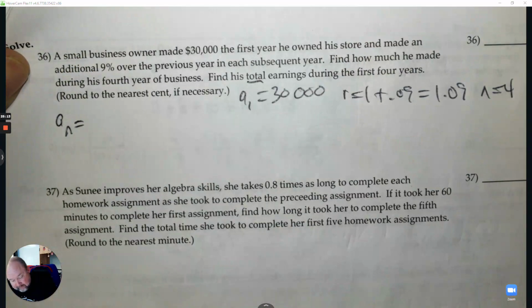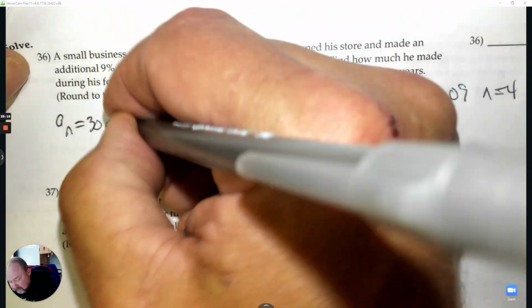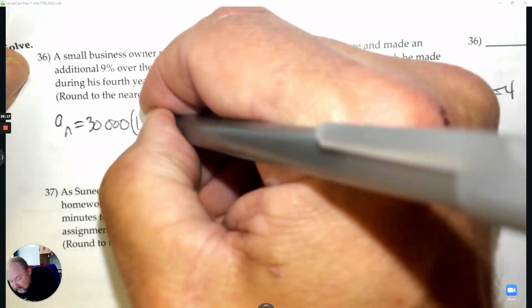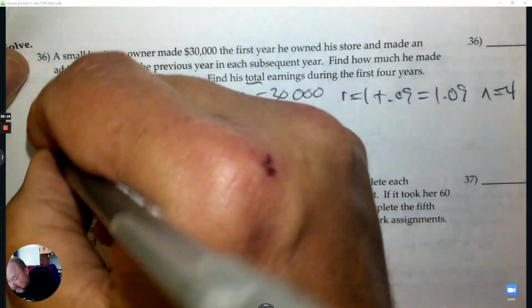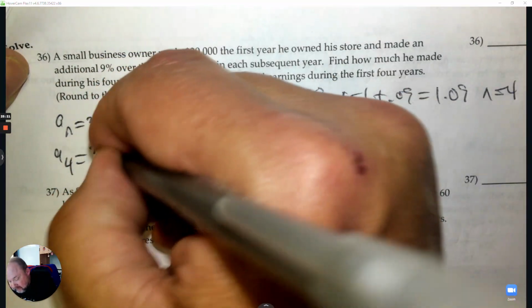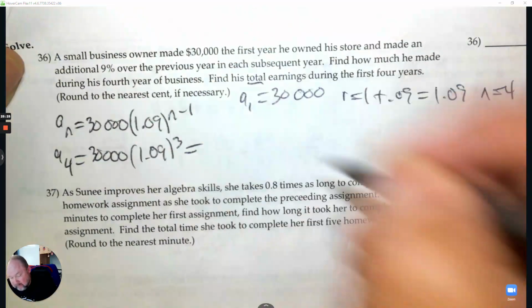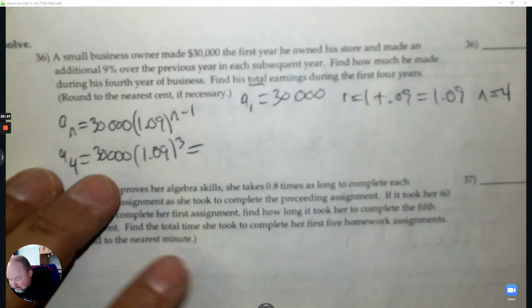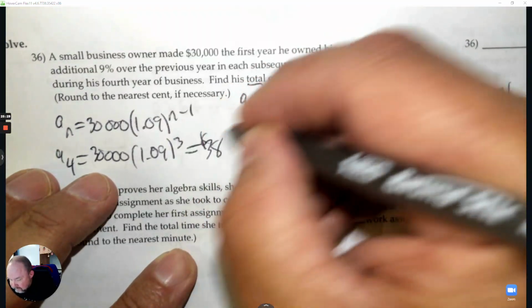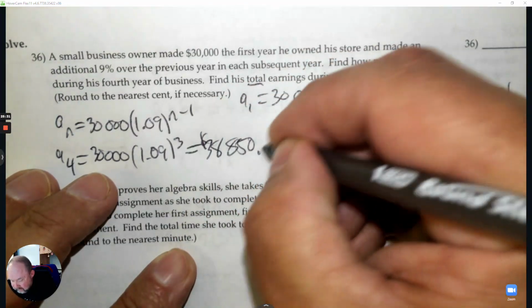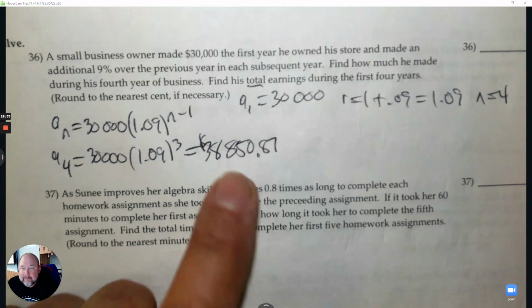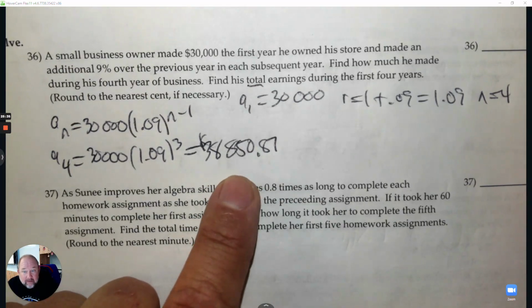So the first question is, I'm going to model it. That's 30,000 times 1.09 to the exponent n minus 1. So the fourth year is this. When I plug in 4, 4 take away 1 is 3, so that's what I'm going to type in. That's $38,850.87. Practice. And then the second one is adding.